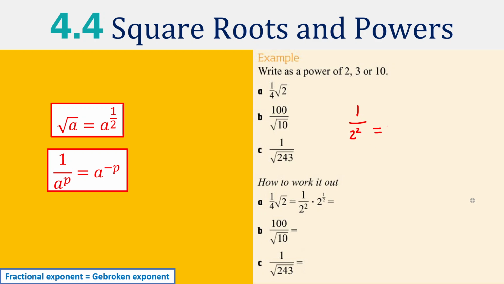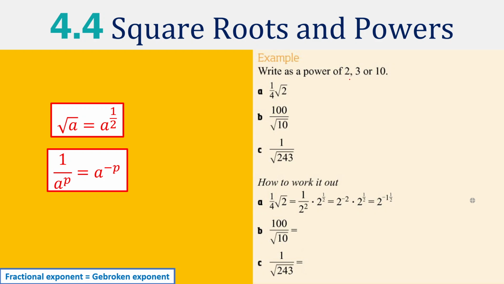So I can rewrite it to 2 to the power of minus 2. That's what I do right here. And then 2 to the power of minus 2 times 2 to the power of a half. We have to do minus 2 plus a half gives me 2 to the power of minus 1.5. And that is written as a power of 2. So we're done here.